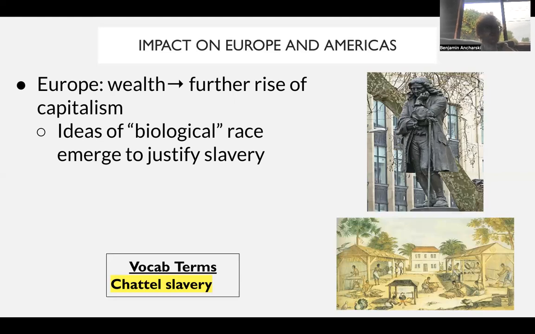This idea that race is a distinction between different groups of people and that there are hierarchies based on physical characteristics, based on quote-unquote biological characteristics. So if we're thinking about the origins of where racism comes from, well, it comes from needing, in a way, to come up with a system to justify enslaving another human being.